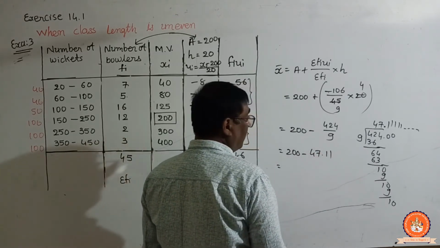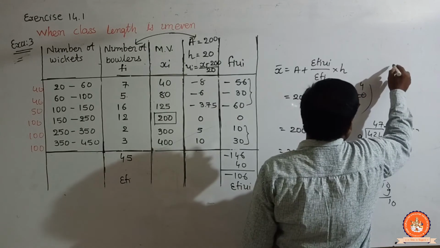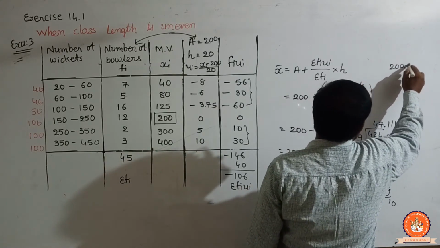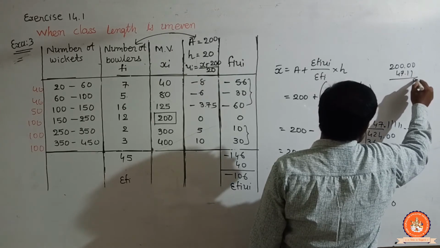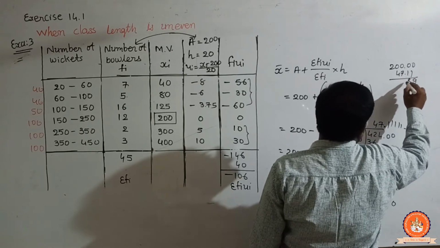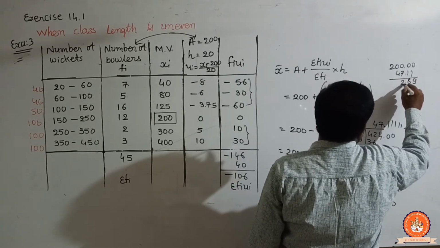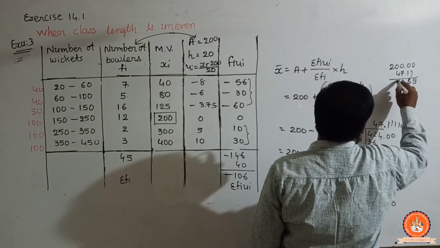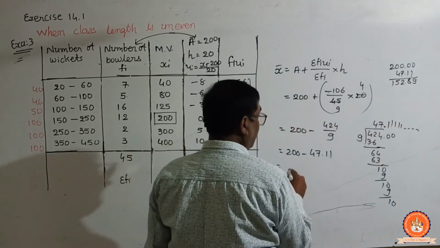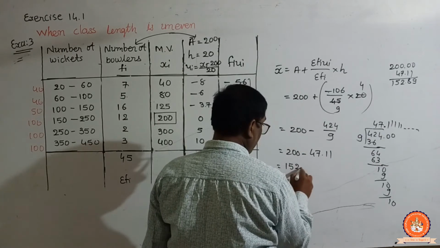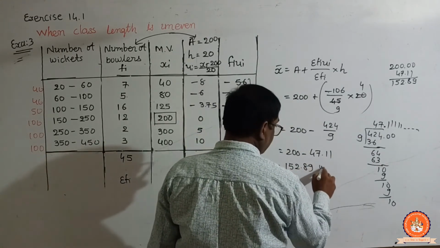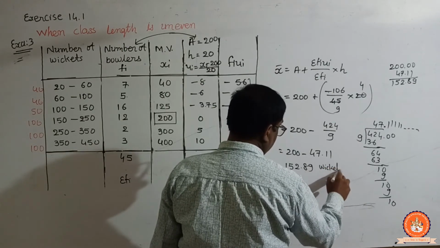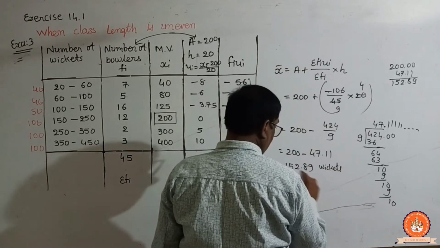So 200 minus 47.11 is 152.89. That is wickets per ball. Okay, per ball.